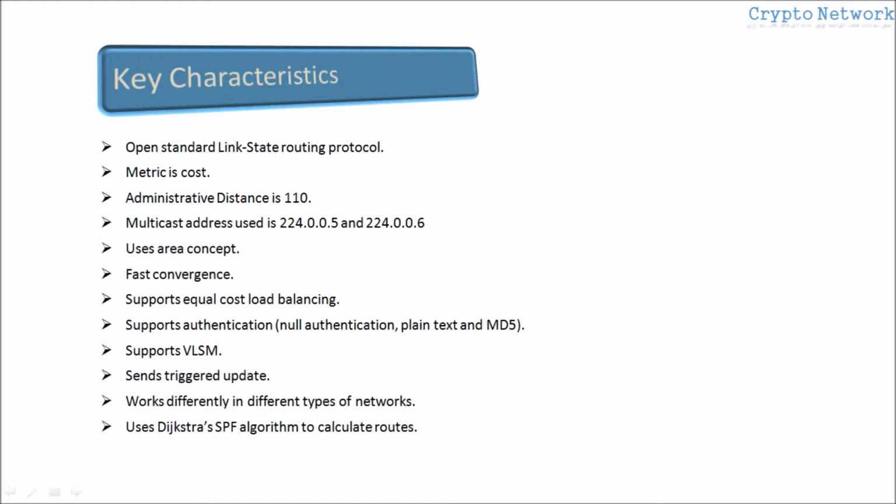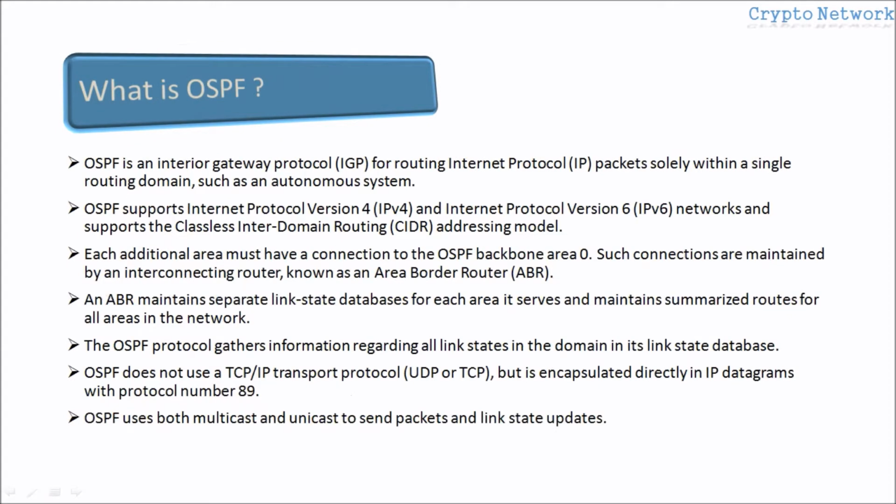So what is OSPF? Every router is responsible for computing its own best paths to all destinations within an OSPF domain. And once the SPF algorithm selects the best paths, they are then eligible to be added to the routing table.